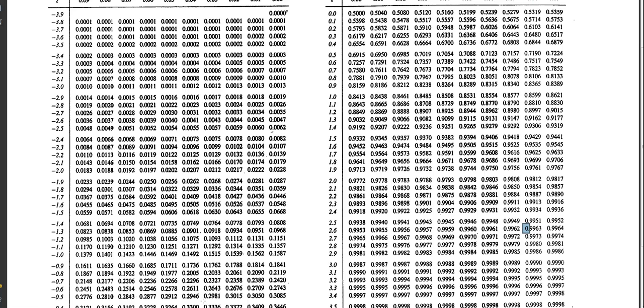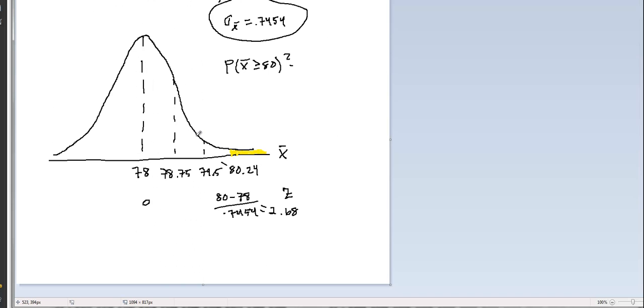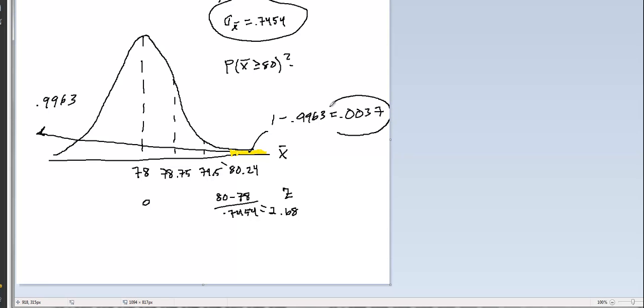So 0.9963 is all this area. So 1 minus that is the area that I need, which is 0.0037. So about 0.4% of the time, you'd get a grade of greater than 80 given a sample size of 45.